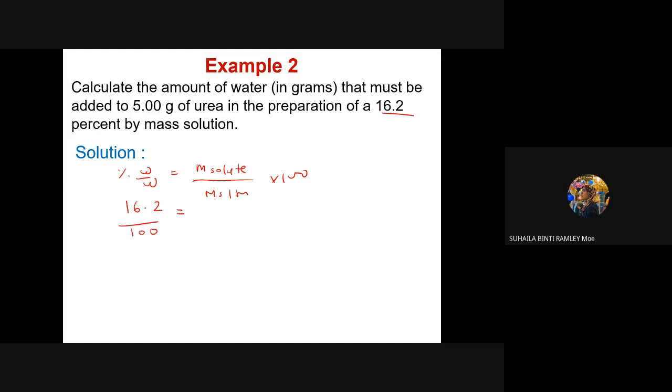Urea is the solute and water is the solvent. We know that solution is solute plus solvent, so we can calculate for the solvent, the mass of water.